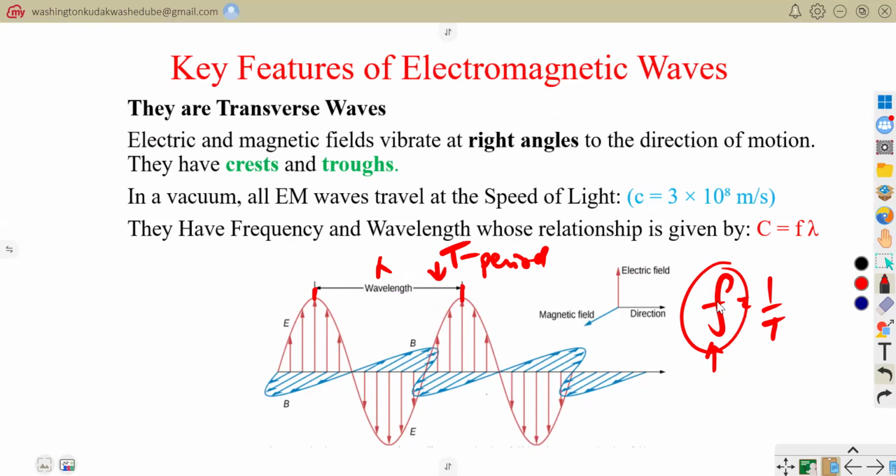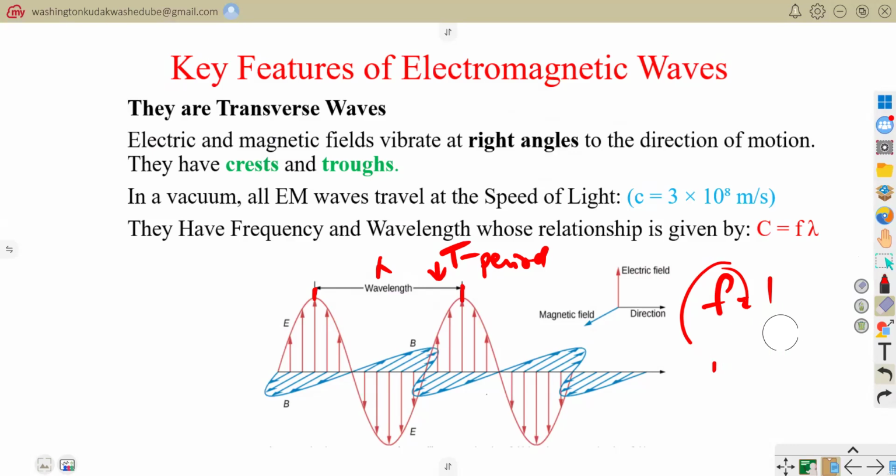Once we have our frequency, our time period, and our wavelength, then we can simply know the speed, which is how fast these waves that are being produced are traveling. However, we need to know that in a vacuum, all electromagnetic waves travel at the speed of light. And we know that light travels at a speed of 3 times 10 to the power 8 meters per second.